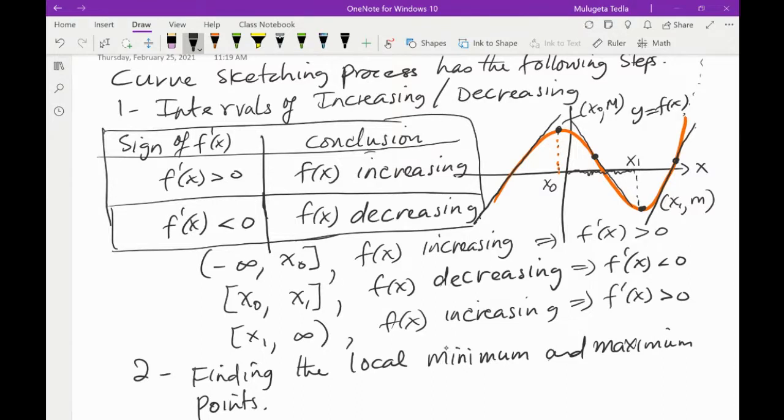So the point where it has little m is called a local minimum, and the point where it has capital M is called a local maximum point.